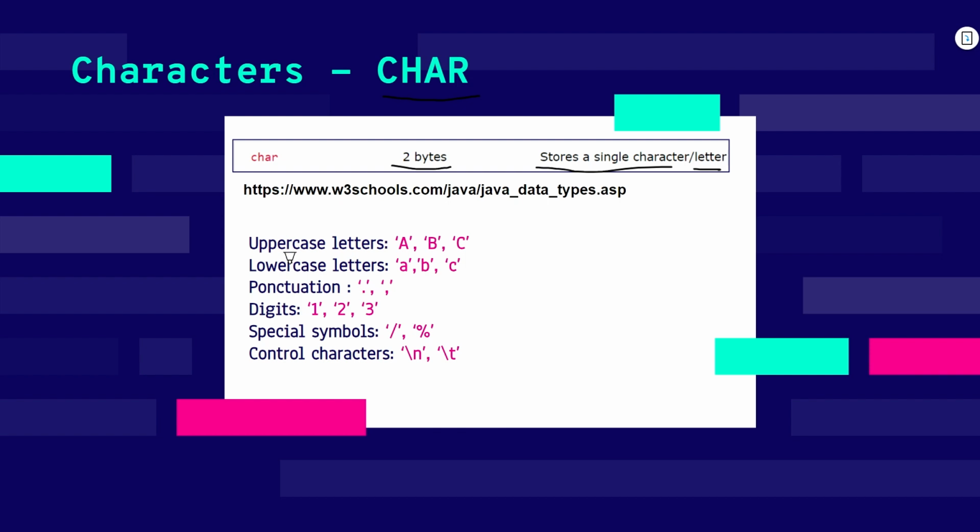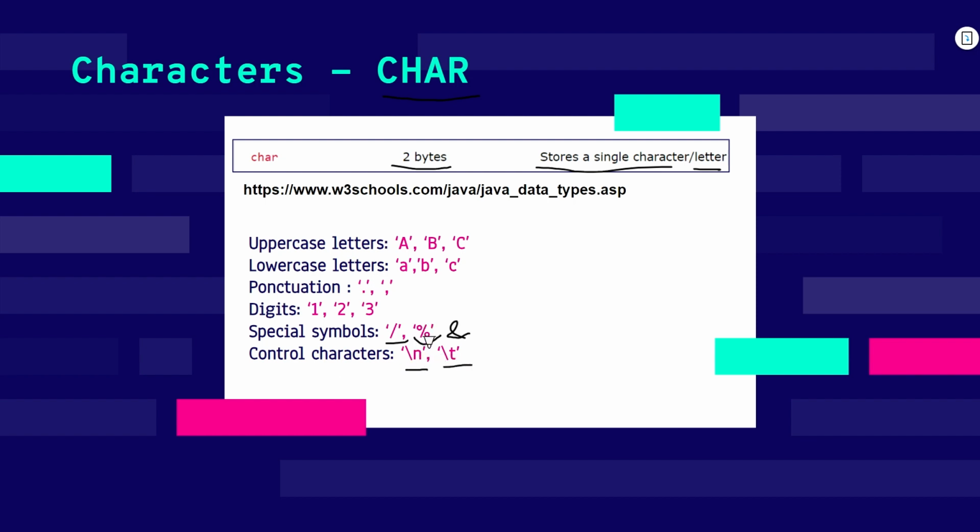So char can store an uppercase letter like A, B, C, a lowercase letter like a, b, c, punctuation like a period or a comma, digits like 1, 2, 3, special characters like a slash, a percentage sign or an ampersand like this one, and finally control characters like \n or \t.